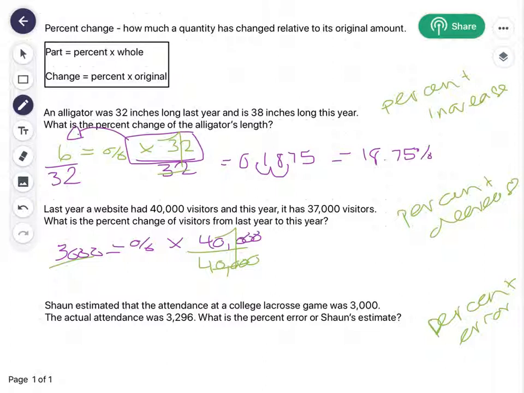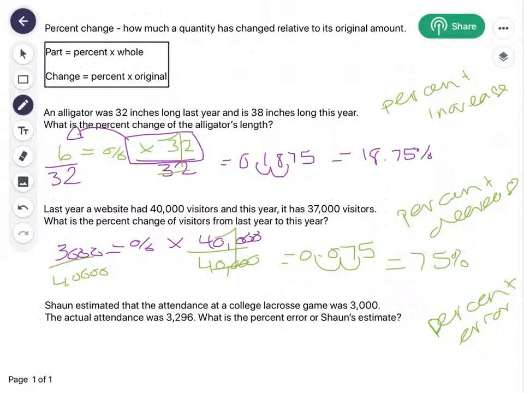And then it goes over here, 3,000 divided by 40,000. And we're going to get an answer of 0.075. We make it a percent by multiplying by 100. So we get an answer of 7.5% decrease.